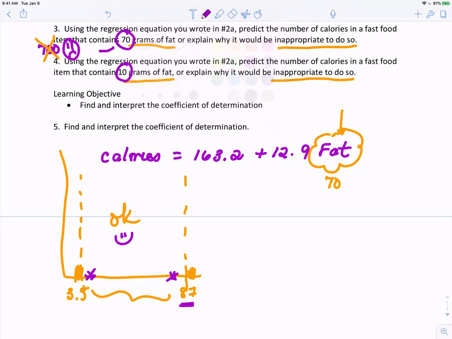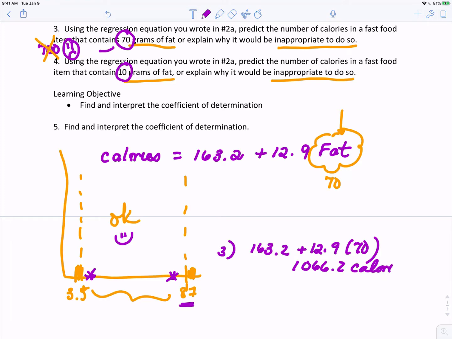So to answer question number 3, we simply take 163.2 plus 12.9 times 70. We would do that on a calculator, and we come up with 1,066.2 calories. So a food item that contains 70 grams of fat contains a lot of calories. Let's take a look at number 4.